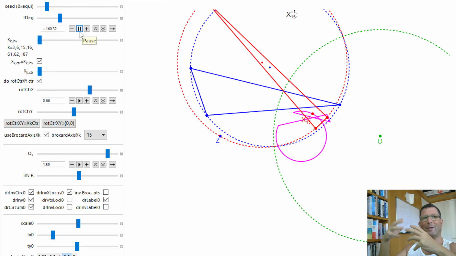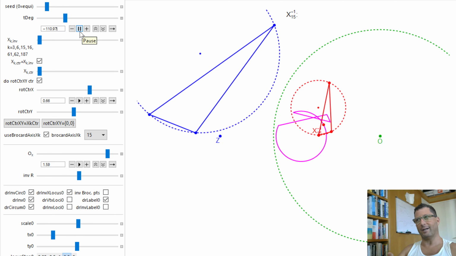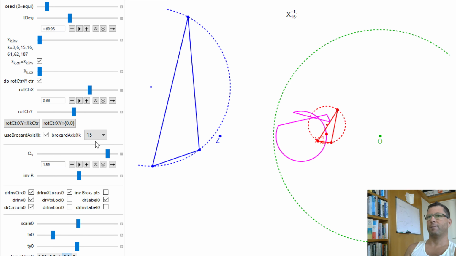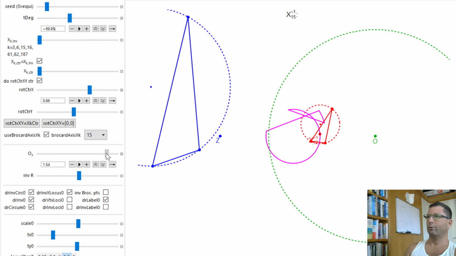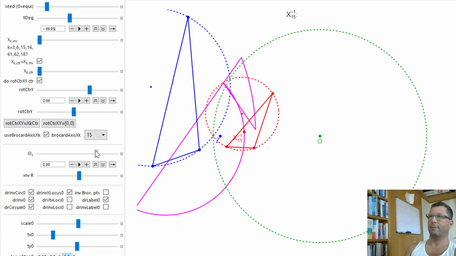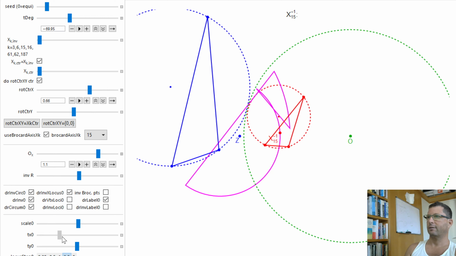So in this situation, your motion is comprised not of a point on a circular arc, but of two distinct circular arcs. If I move my O a little closer to Z, I will distort this further and further. Let's analyze this motion. Let's recenter the scene.